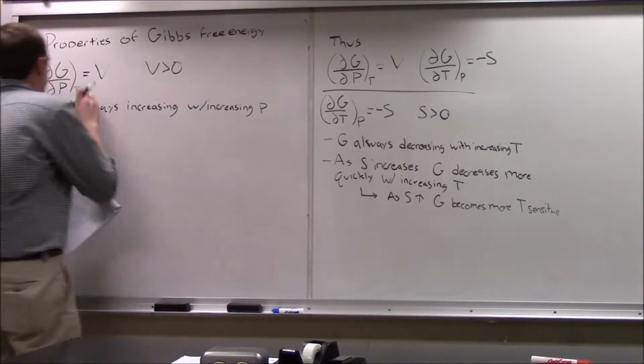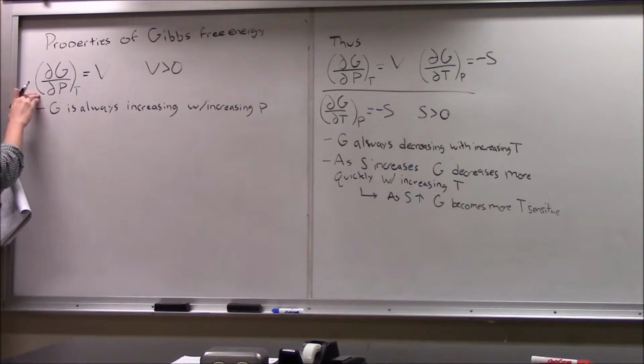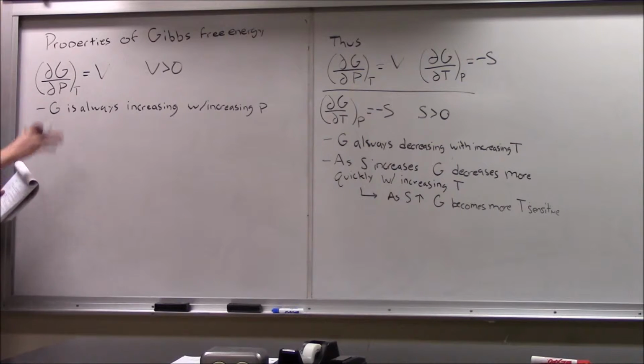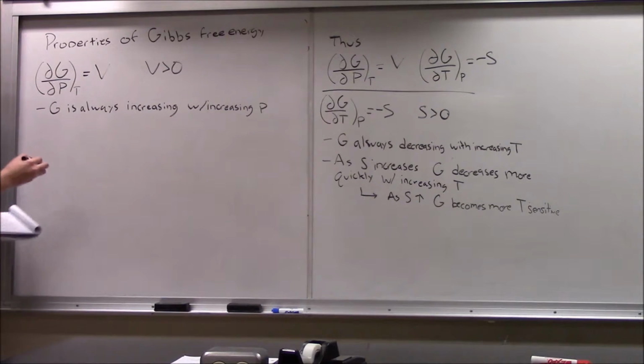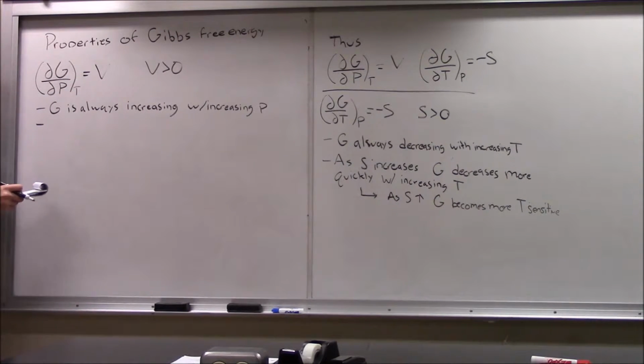So my slope is always positive, and it means that my delta G, or my Gibbs free energy, increases with increasing pressure. Now, the magnitude of the slope is dictated by my volume.